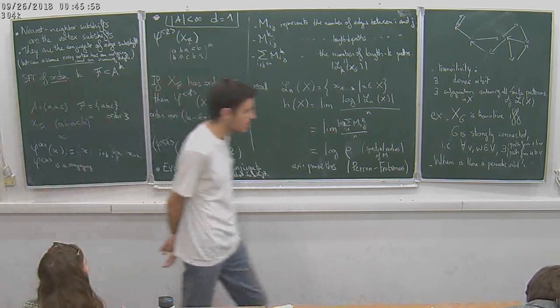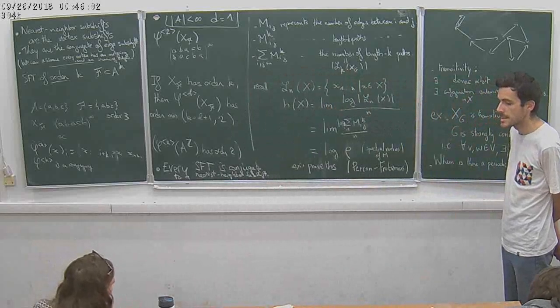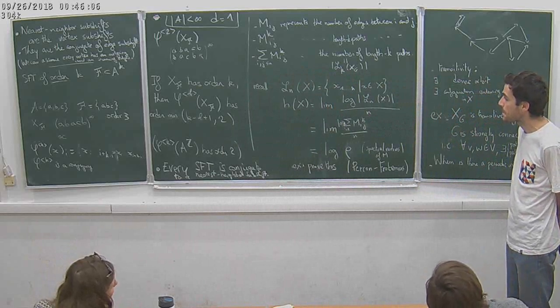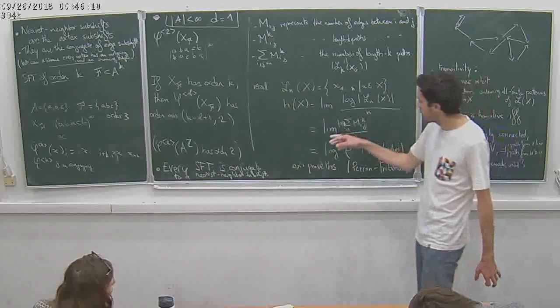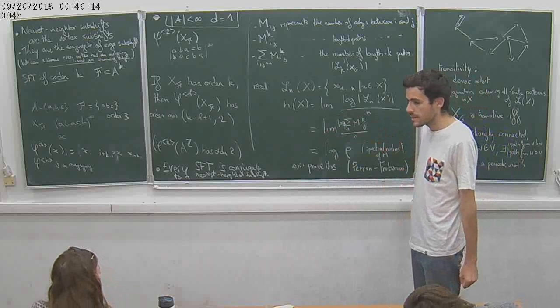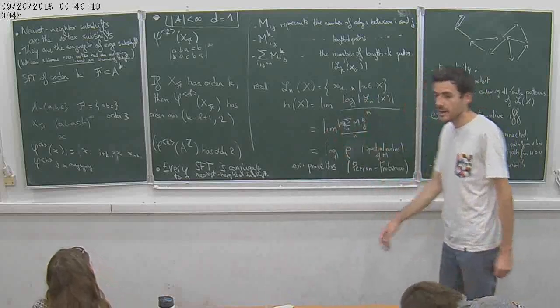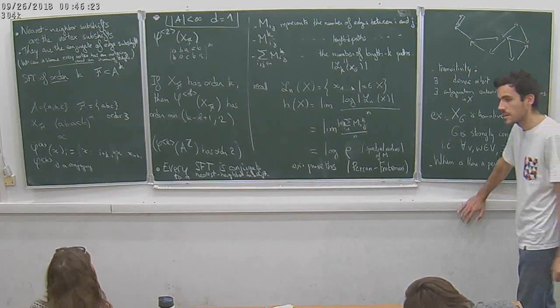They don't use the word entropy, but in some sense it's the same kind of limit that you take, but with matrices that represent something else. Is it used somewhere in economics? I don't know.